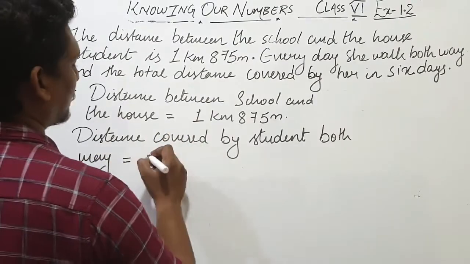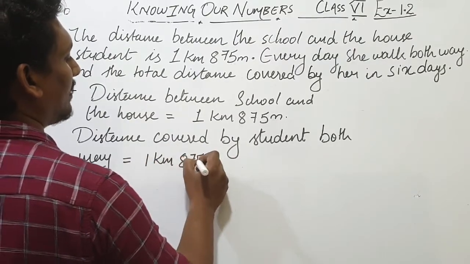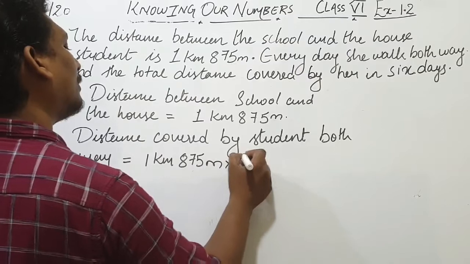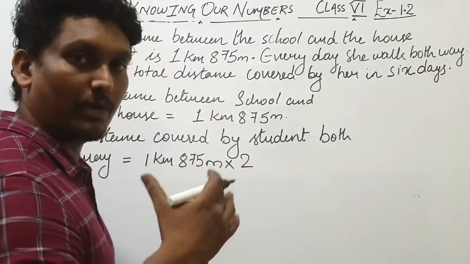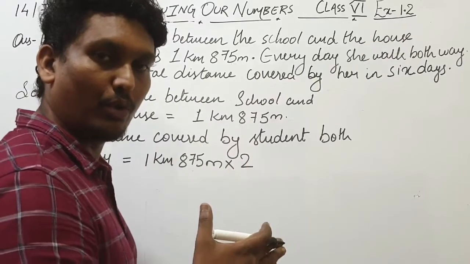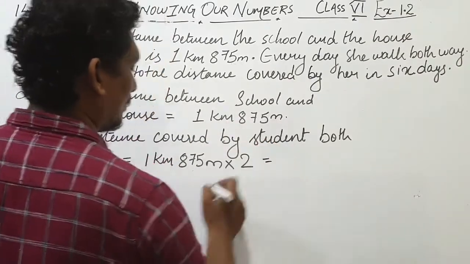So it is 1 kilometer 875 meter into 2. Okay, because 2 times from home to school, school to home. That's why we are multiplying with 2.